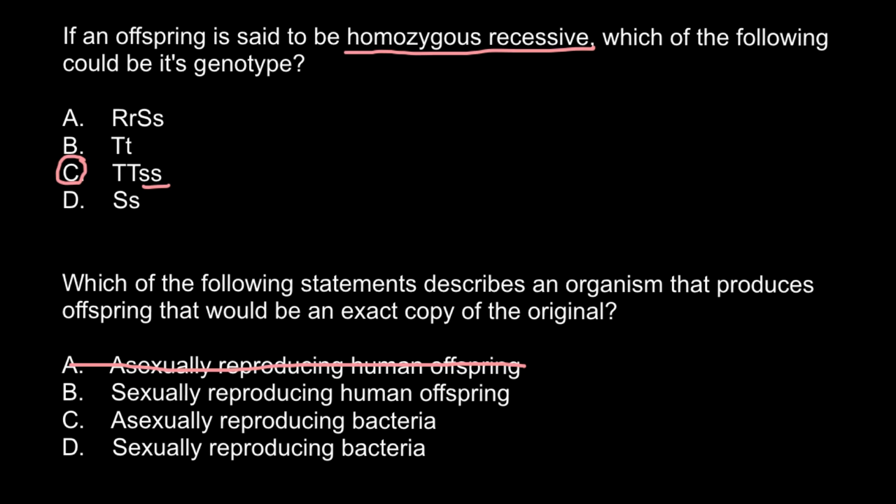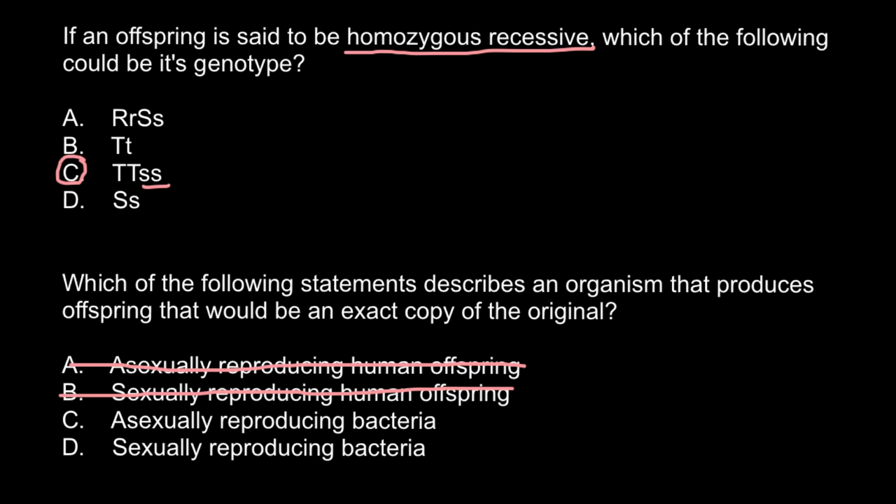But this is also not the correct answer, because our children are not our copies, not our clones. 50% our children get from you, and another 50% from your mate or spouse. So this is also not a correct answer.